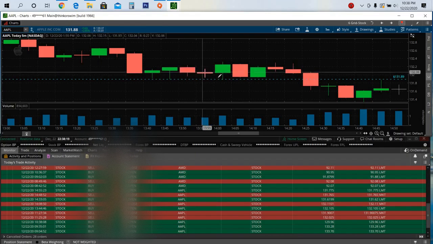I was just waiting for it to go back up, reversal, but that didn't happen. It kept coming back down.